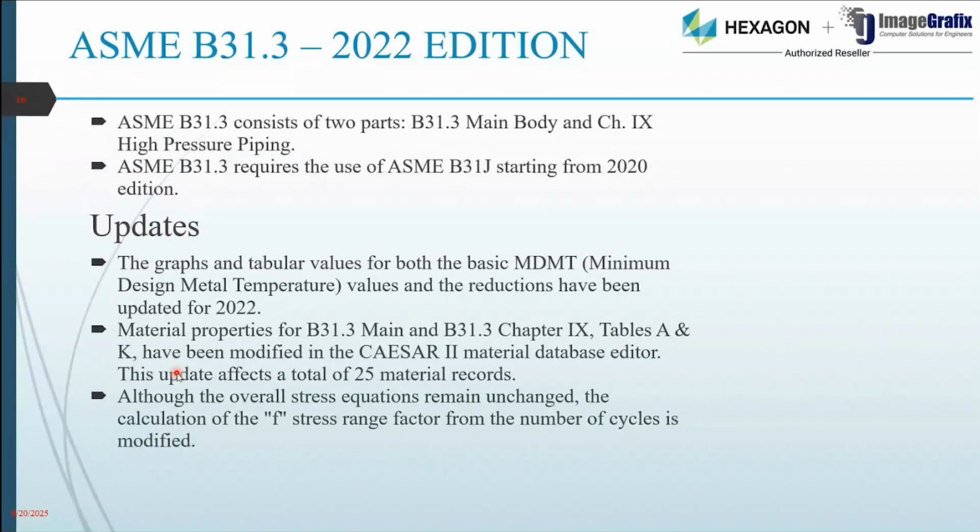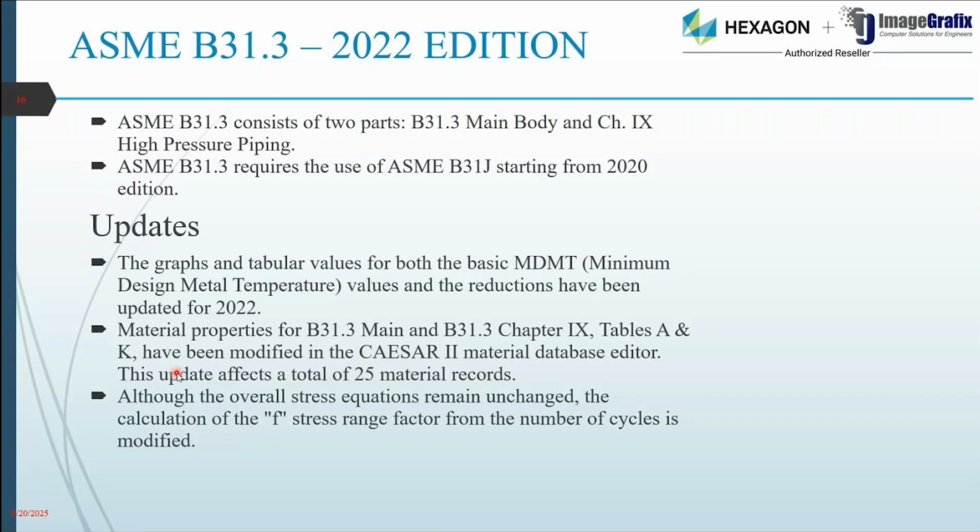Material properties from tables A and K have been modified in Caesar II material database editor. This update affects a total of 25 material records. There are some updations in table A and table K of the code book itself, which refers to our metal properties. By default, Caesar refers to those tables, so 25 material records have been updated to match the updated edition.